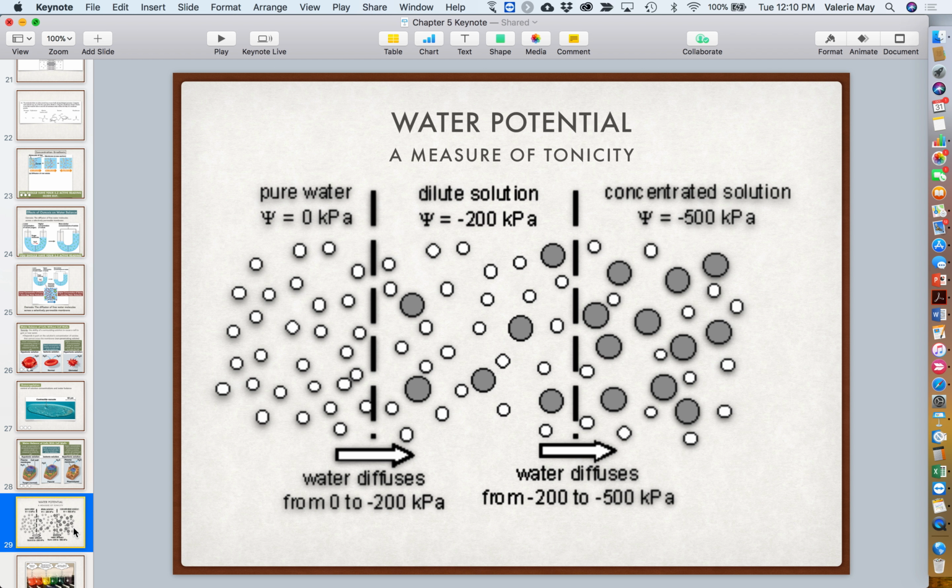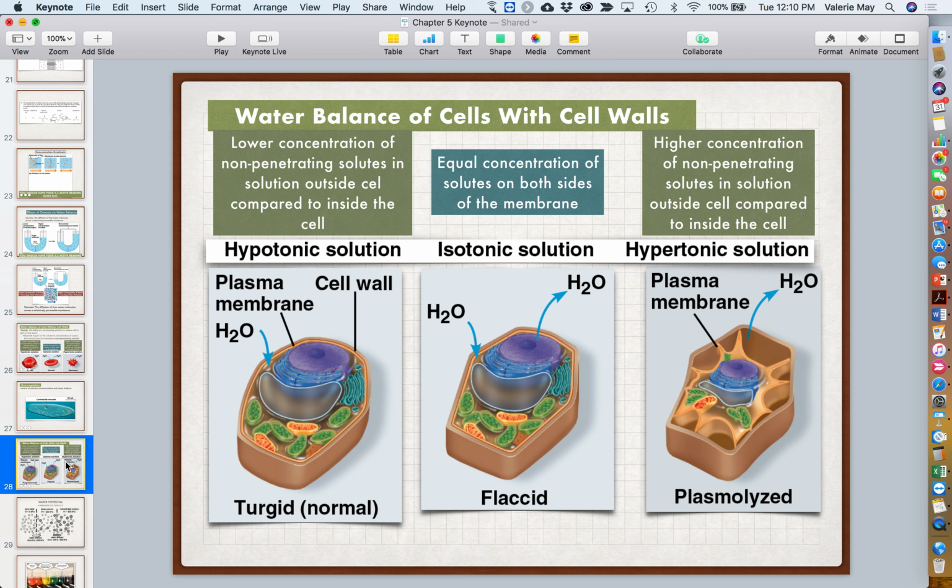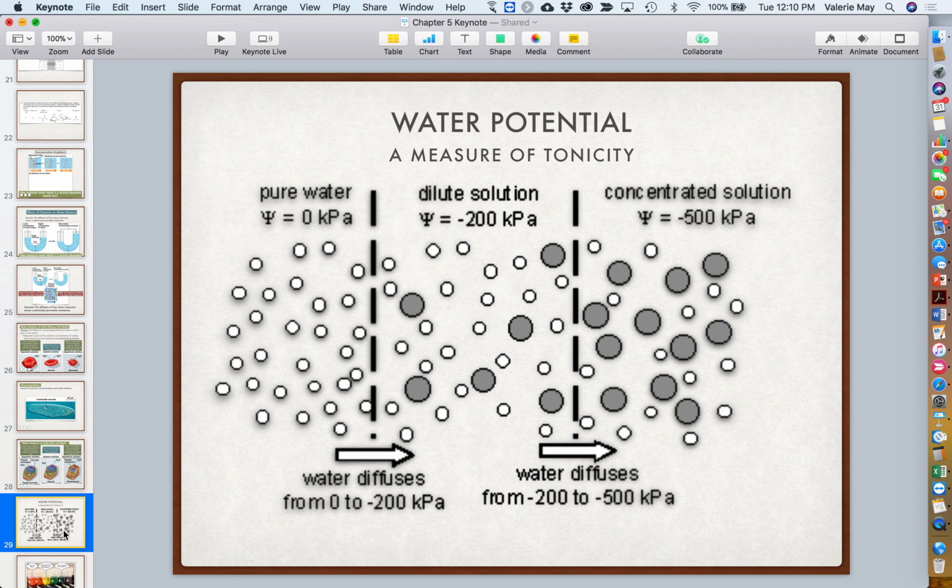So the rest of the assignment is looking through some videos and some tutorials on water potential. And water potential is really just a way that we quantify hypotonic, isotonic, hypertonic. Mr. Anderson will go through the formula for how to calculate it. We'll talk more about it in class.